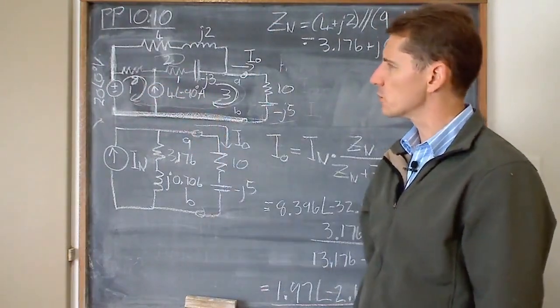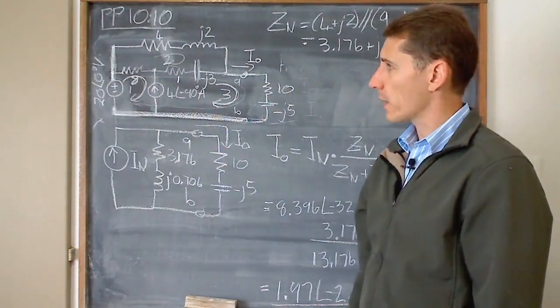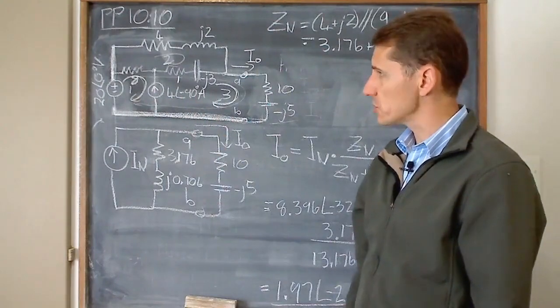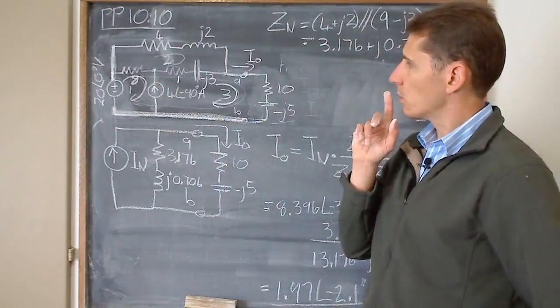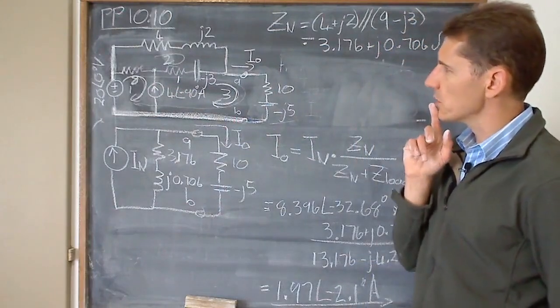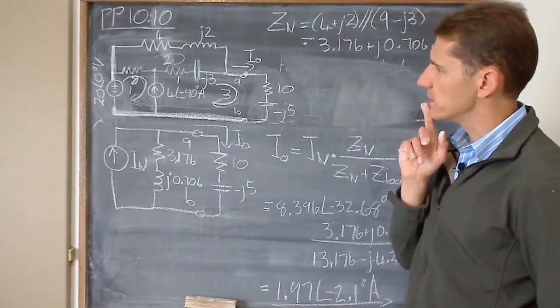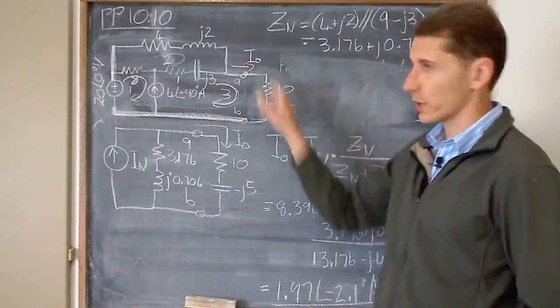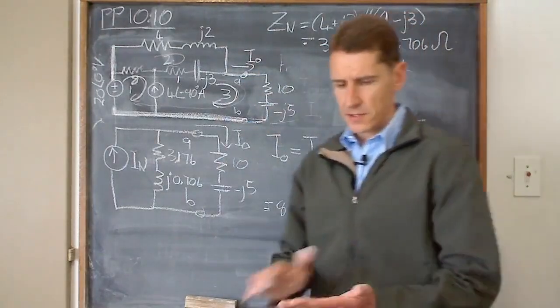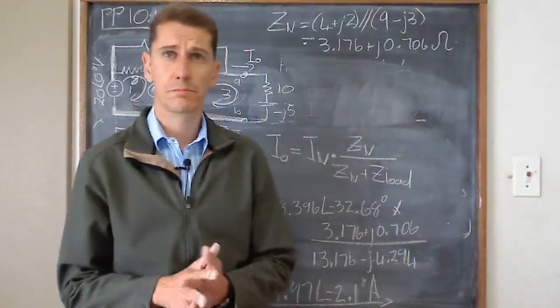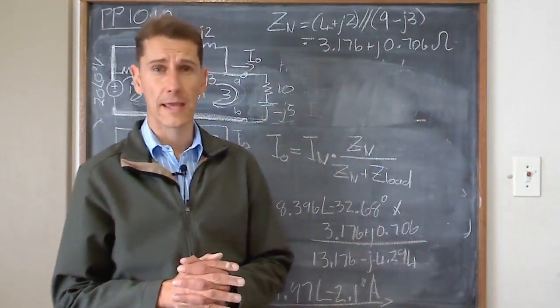Source transformation wouldn't work. What about superposition? Superposition would perhaps have worked very deliciously with this one, if you wanted to calculate the output current. Okay, but this problem is probably as hectic as it can get.